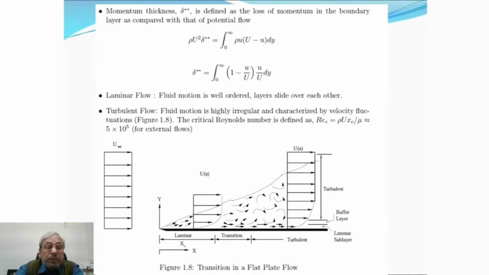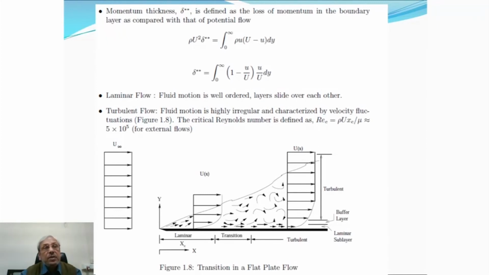A much more rigorous definition has to be given, but at the moment we can say that fluid motion which is very well ordered, as if one layer of fluid is sliding over another layer of fluid without getting undulated, is called laminar flow.